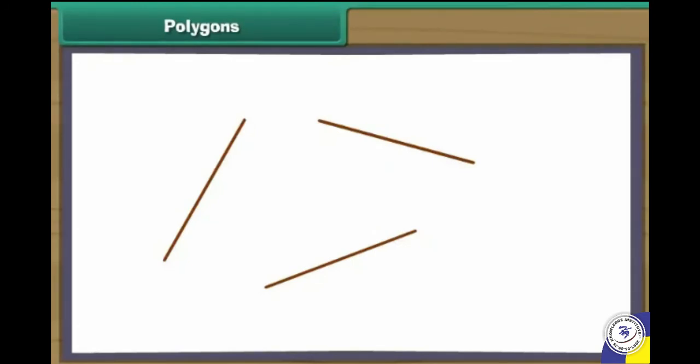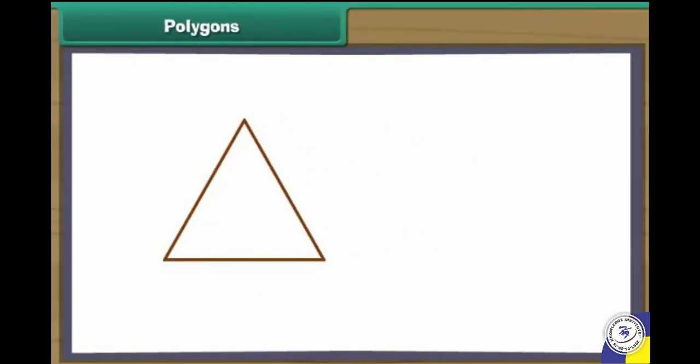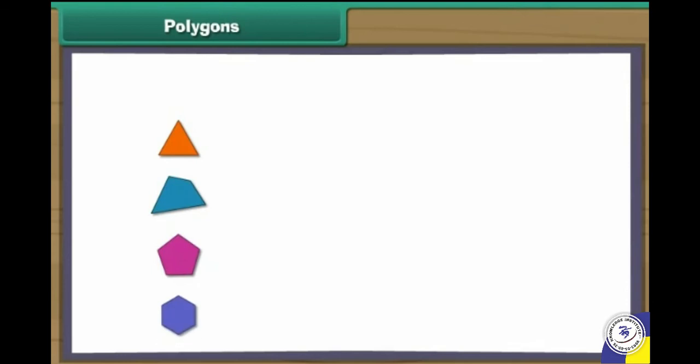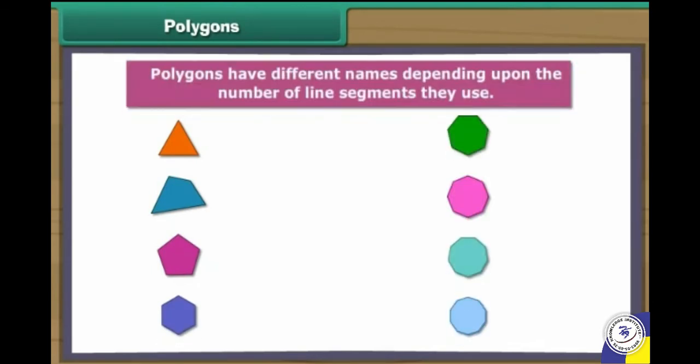Polygons. We can form different shapes by enclosing them with line segments on all sides. Such closed figures are known as polygons. Polygons have different names depending upon the number of line segments they use.